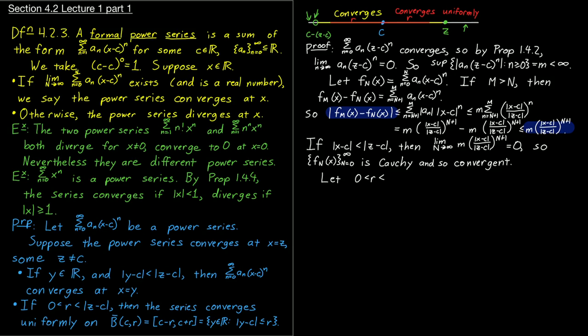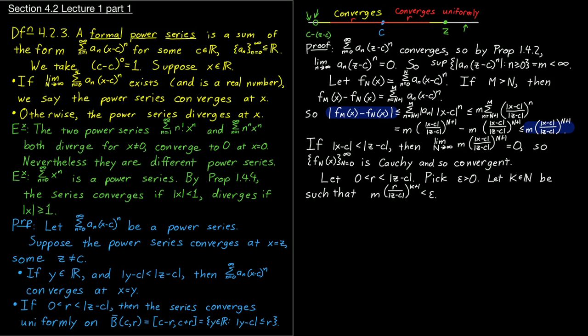Let r be between 0 and |z − c|, and we'll pick an epsilon bigger than 0 and let k be a natural number such that m times (r over |z − c|) is less than 1. So if you take this to the k plus 1th power, it is less than epsilon.